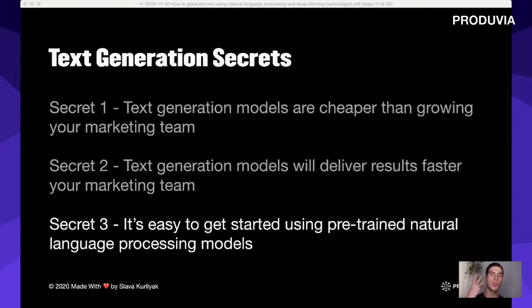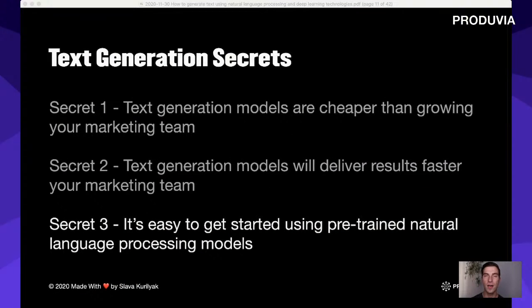So there are three secrets to text generation. The first being that these models are cheaper than growing or hiring new marketers on your team. Secret number two is that these models are able to deliver results faster.